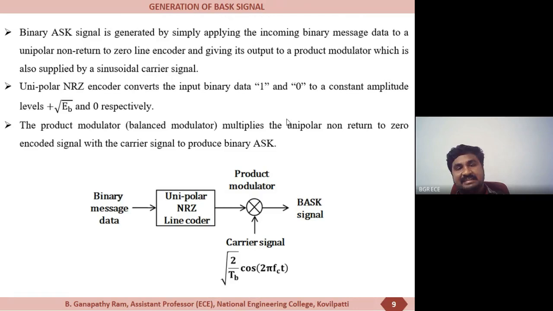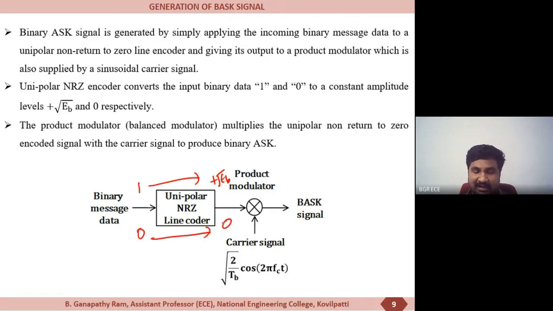The binary ASK signal is generated by passing the binary message data through a unipolar non-return to zero line encoder, which represents the binary data 1 by plus root EB and represents 0 as 0. This is given to a product modulator, which is supplied by a carrier signal represented by the orthonormal basis function phi1 of t.